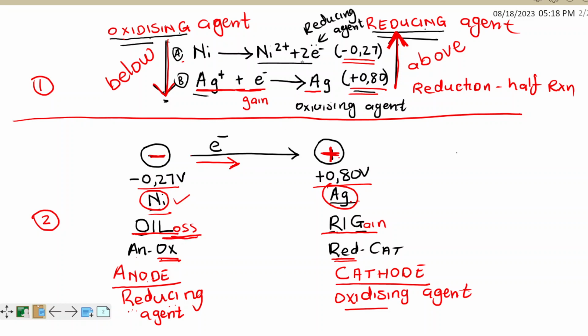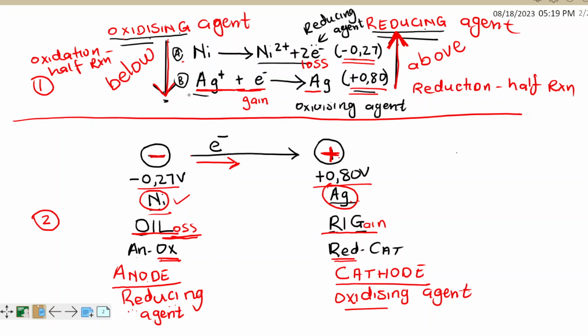So the electrons must be on the right, meaning that they were lost or donated. So this one now is called my oxidation half reaction, because oxidation is the loss of electrons. So I just put the electrons on the right, and then I change the double arrow to a single arrow.